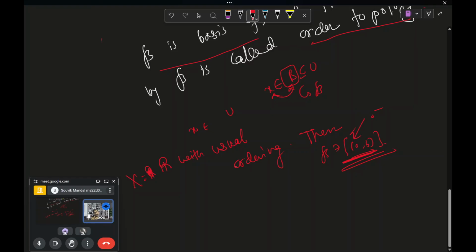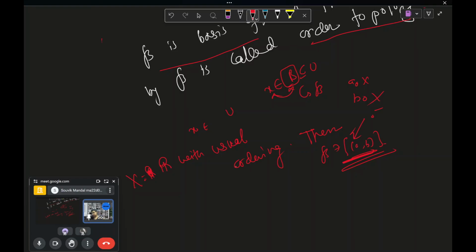Why? Because in the real line case, we don't have any a naught which is largest, or any b naught which is smallest. So in this case, the basis elements contain only open intervals, and that's why it generates the usual topology.